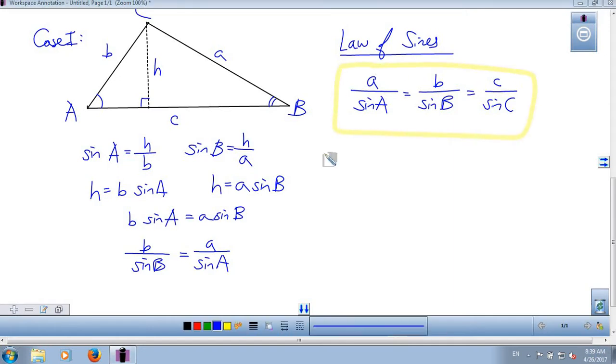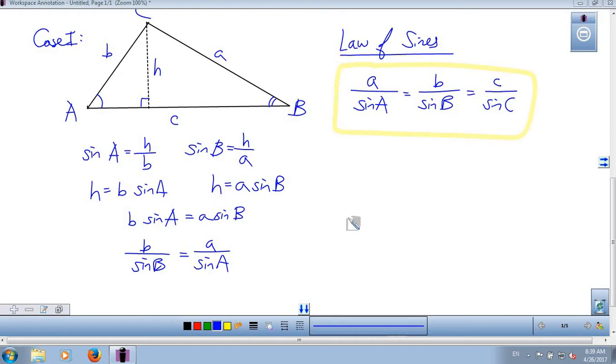So basically the proportion of the side to the sine of its opposite angle is equal throughout the triangle. This works not just in oblique triangles, it works in any triangle.